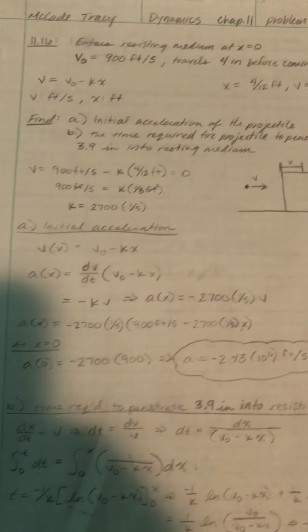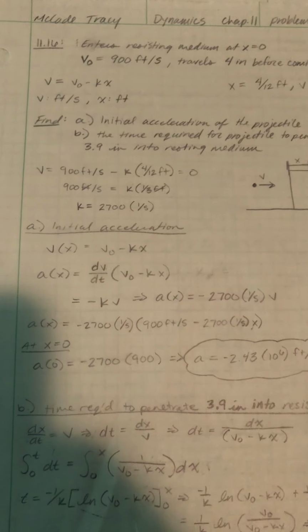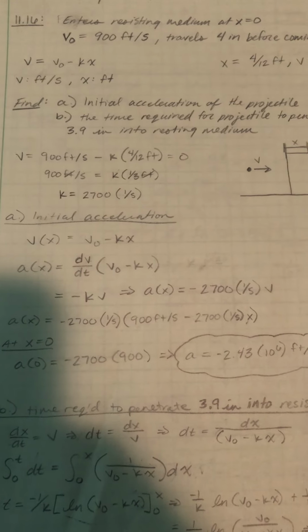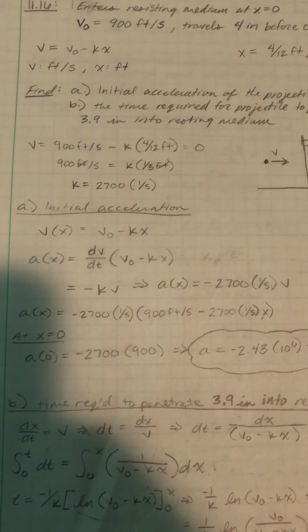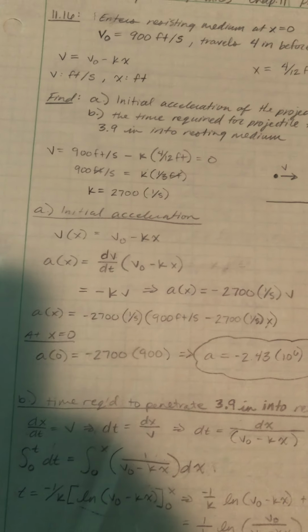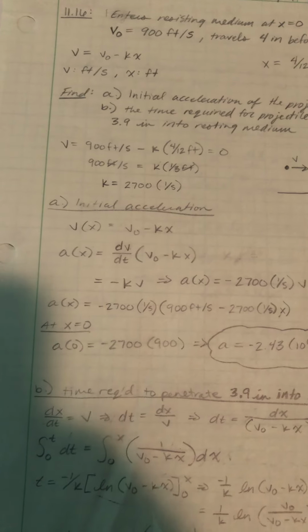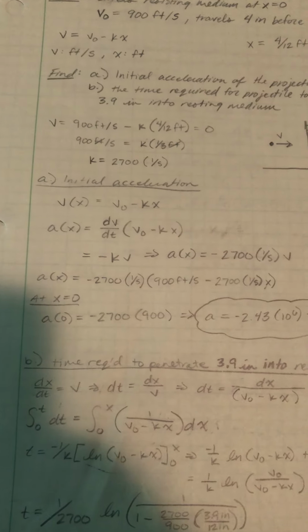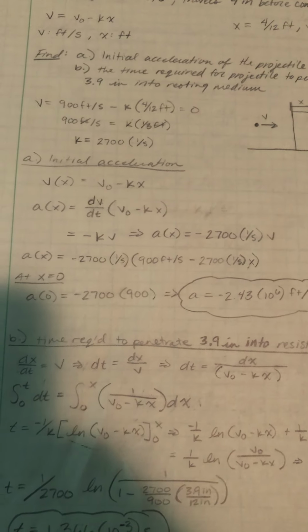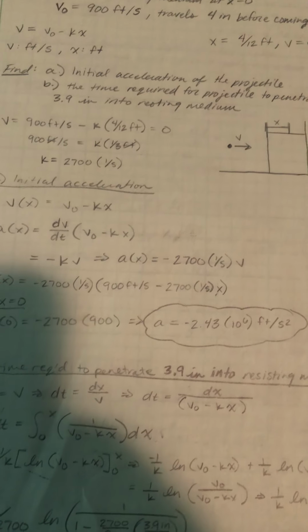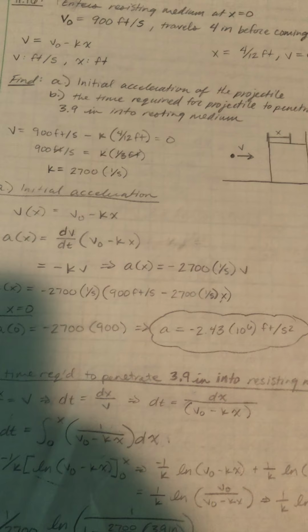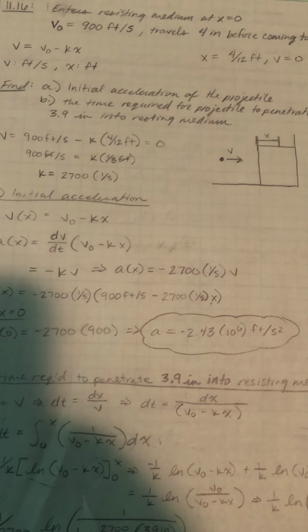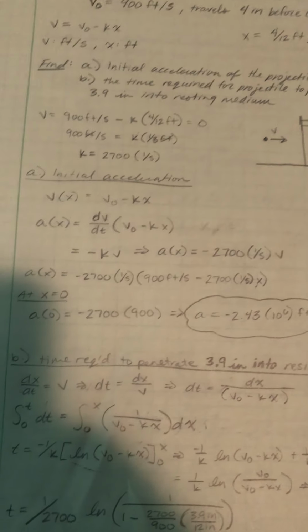Then using that information to move on to part A, to find the acceleration of the projectile, we use the velocity equation, take the derivative of that, and we are left with minus k times v, which is negative 2,700 times v.